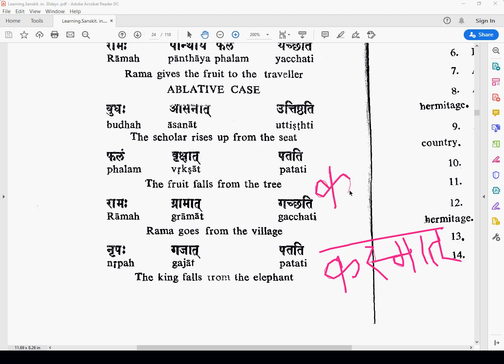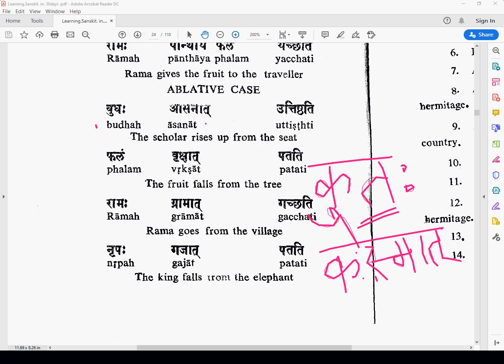Or I can just write it here. Kutaha. Kutaha also means from where. So these are similar words, Kutaha and Kasmat. So Buddhaha asanat uttishtati.